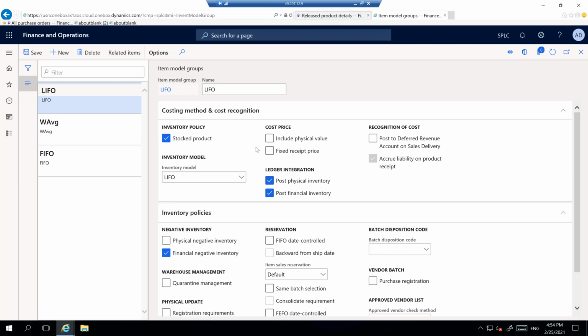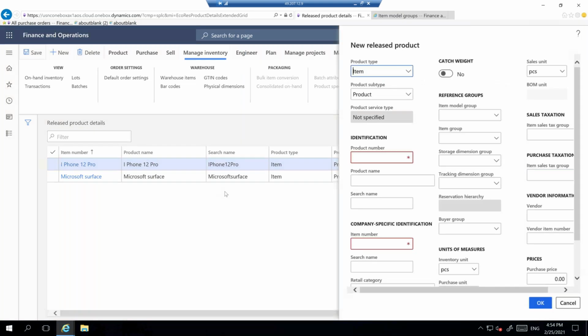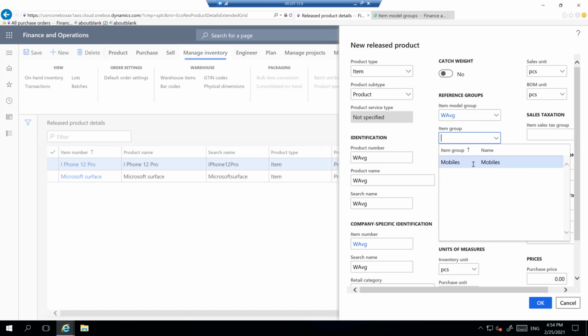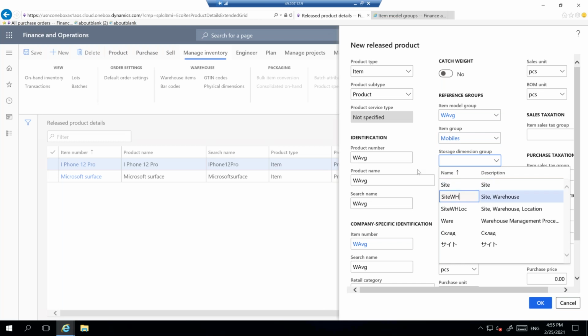Now I will create an item. For easy understanding, I am creating a weighted average item. The item name is weighted average. This is not the correct way; we need to create an actual item name, but for understanding purposes, I am doing this. While doing this, you need to remember this is weighted average. Storage dimension group, tracking dimension group, and mapping.